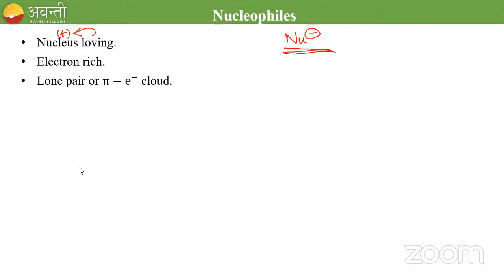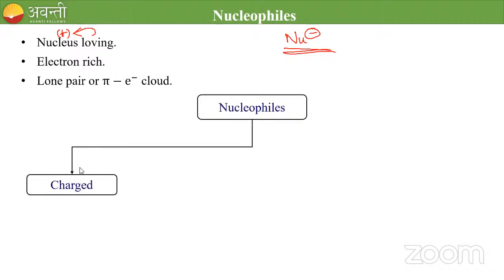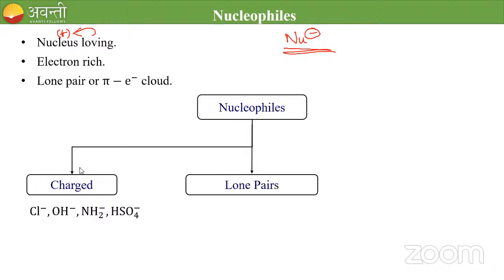Now let us study the types. The first type is charged nucleophile, the negatively charged nucleophile. Examples are Cl minus, OH minus, NH2 minus, HSO4 minus. All these are negatively charged nucleophiles. The second type is lone pair containing nucleophiles.